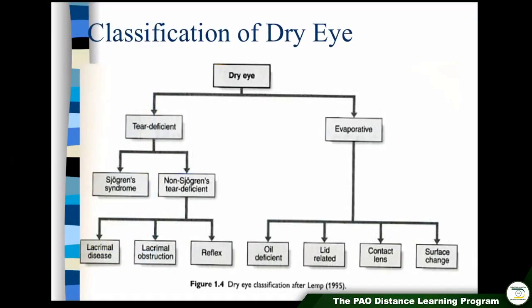This used to be a simple classification, way back in 1995 by Michael Lemp, who at his time was really the guru of dry eye. It was just tear deficient and evaporative, and all that. You can forget about this now, as it's no longer that simple.